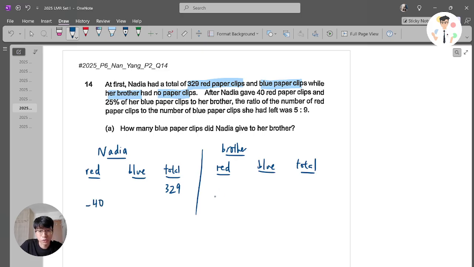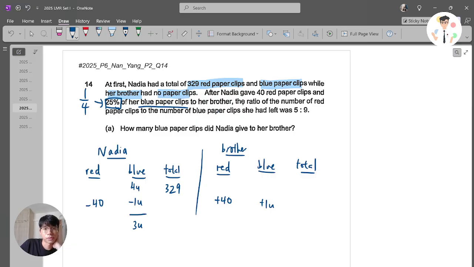I give it to the brother, so here I plus 40. And next part, 25% of her blue paper clips. 25% means 1 out of 4, right? Means that Nadia at first had 4 units, gave out 1 unit to the brother. So now she is left with 3 units. Okay, so here I can plus 1 unit.